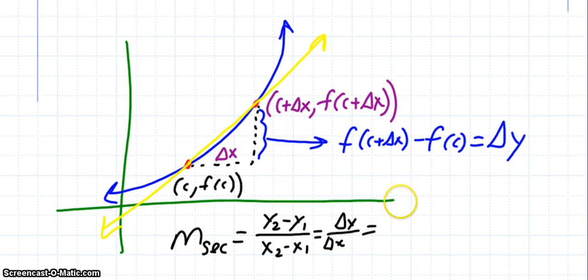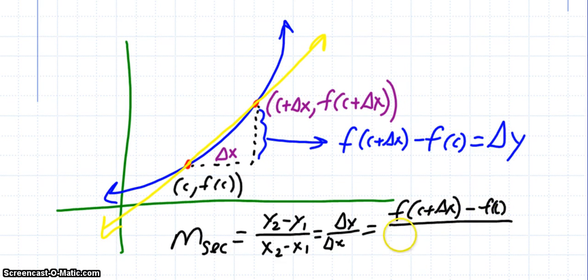But if I write that out, that's going to be f of C plus delta x minus f of C, all over C plus delta x minus C. That simplifies.